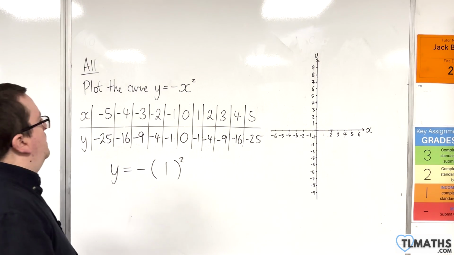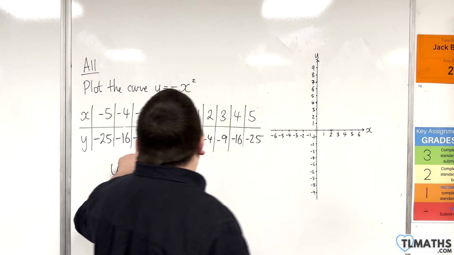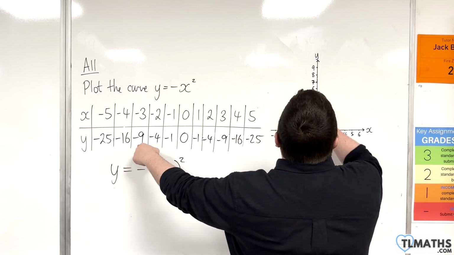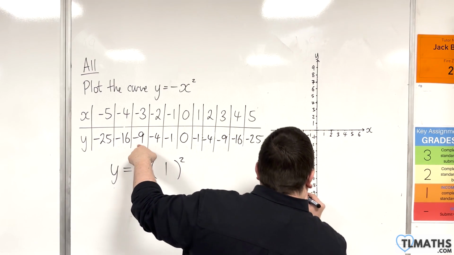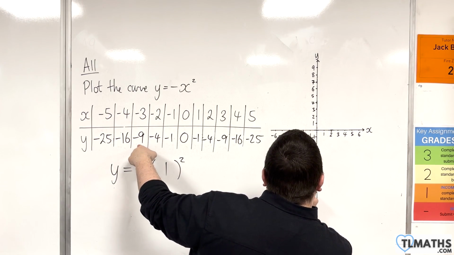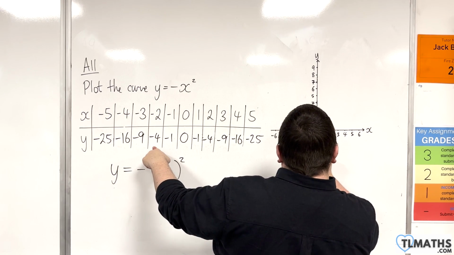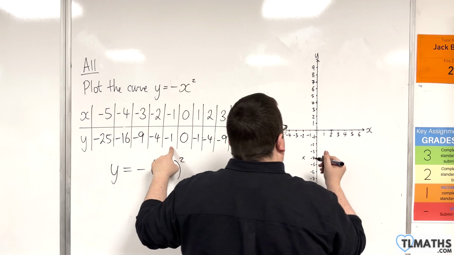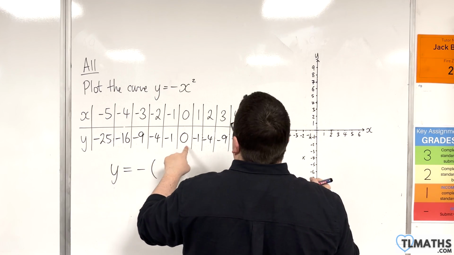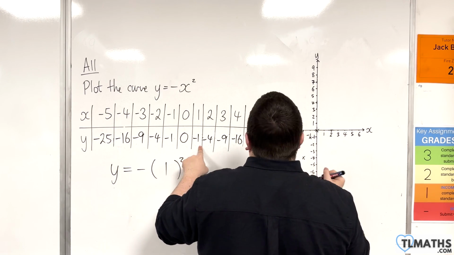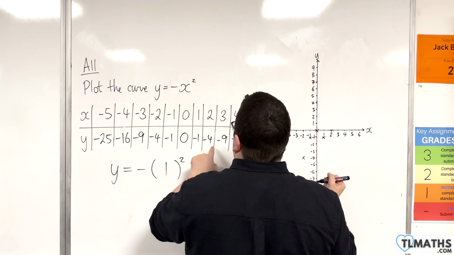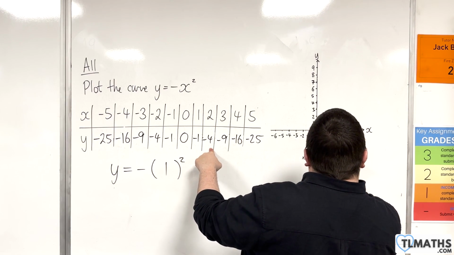Okay, so let's start plotting our points. Minus 3, minus 9. So minus 3, minus 9 is all the way down here, isn't it? So somewhere there. Minus 2, minus 4. There. Minus 1, minus 1 is there. 0, 0 at the origin. 1, minus 1. 2, minus 4.